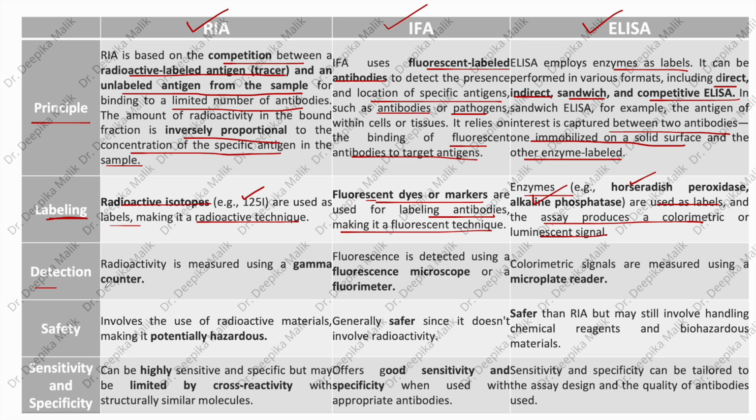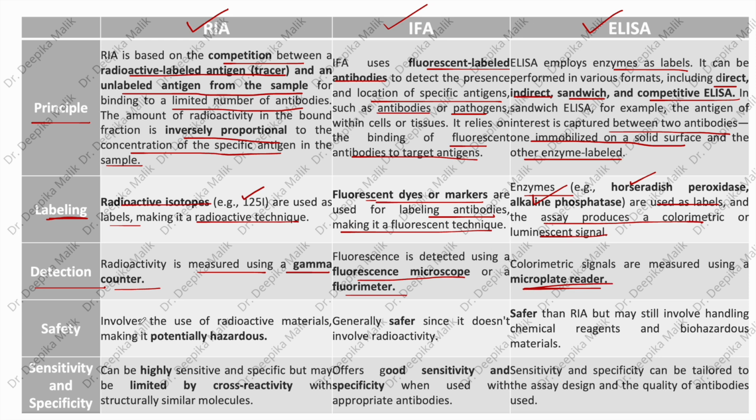Detection: radioactivity is measured using a gamma counter in radioimmunoassay. Fluorescence is detected using a fluorescence microscope or a fluorimeter. Colorimetric signals are measured using a microplate reader in the case of ELISA.